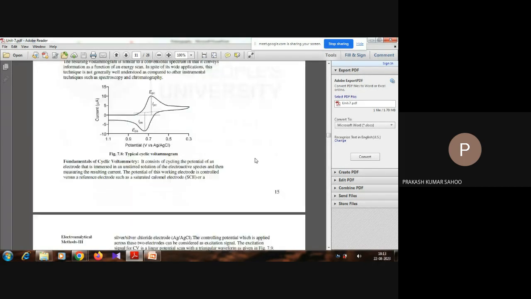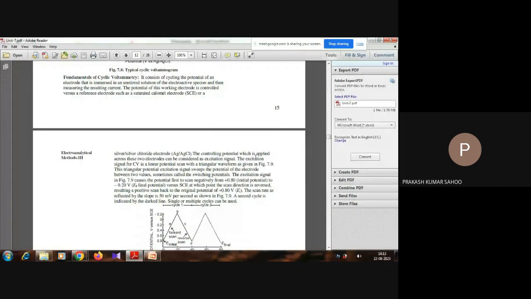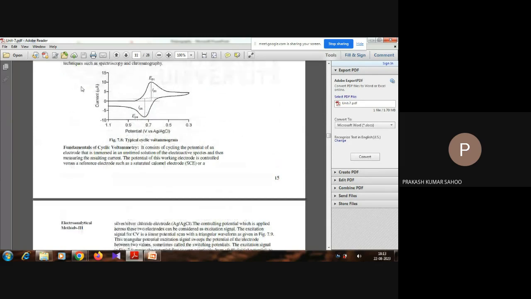Okay, so fundamentals of cyclic voltammetry: it consists of cycling the potential of an electrode that is immersed in an unstirred solution. That means no movement or motion, so no dynamic phenomena here.